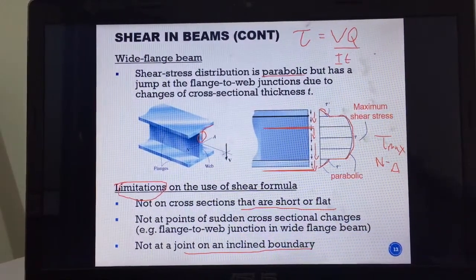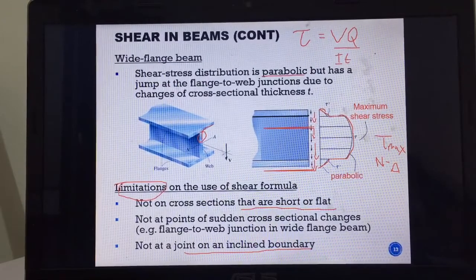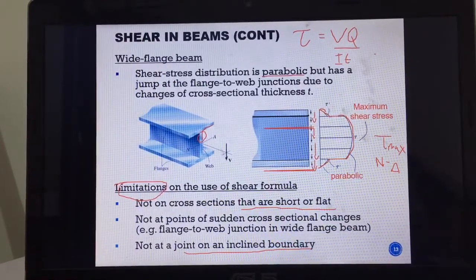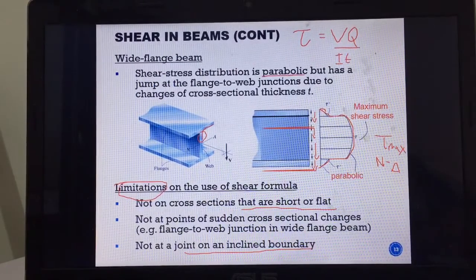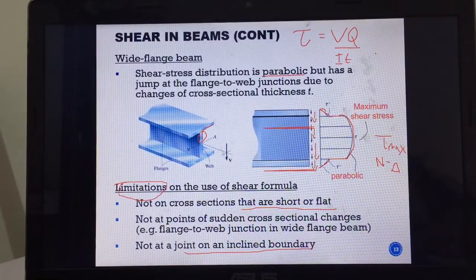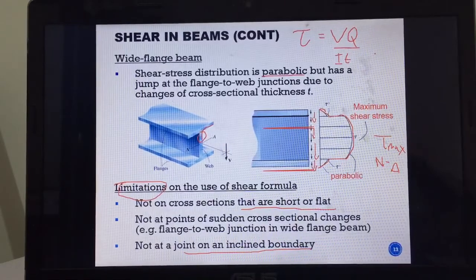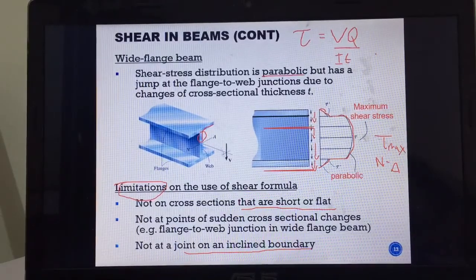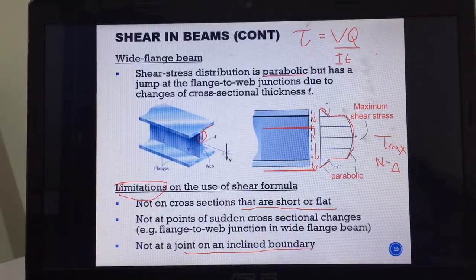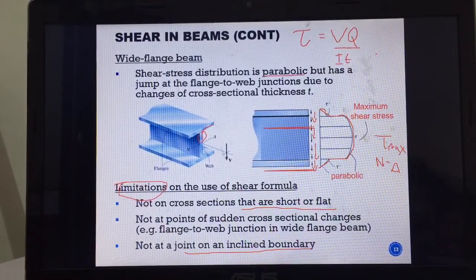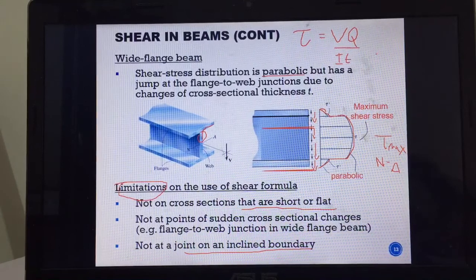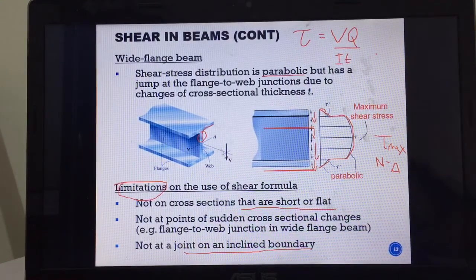Most of the time it will be a slender beam, so it's fine, but be careful while using this, especially when you graduate or come across a problem and think you can use this formula. It's not just straightforward, there are limitations that we discussed. If you test and get very different results, then you should not use this formula.